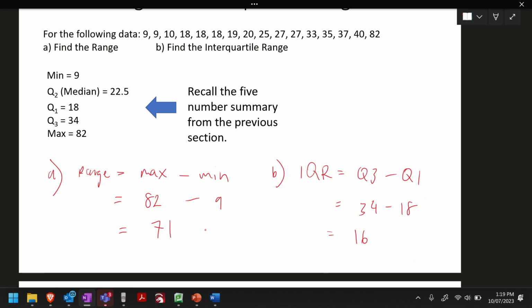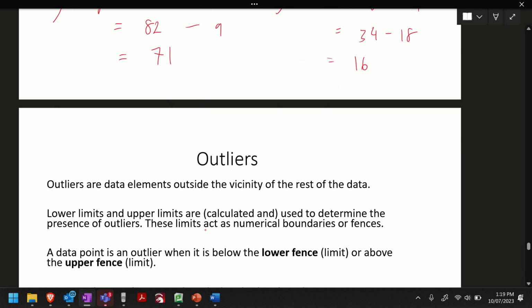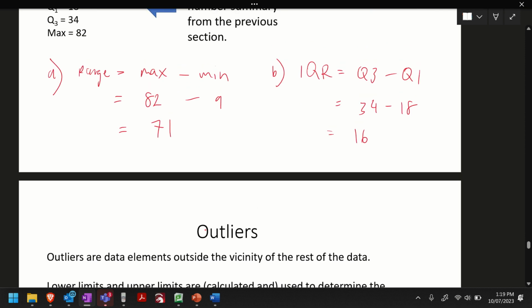The reason why you need to do that is because the next question, which is the last bit for this tutorial, is we need to calculate an outlier. When it comes to outliers, sometimes they can be very obvious. Does anyone know what an outlier is? It's a number that's really different from the rest of the numbers. Good.